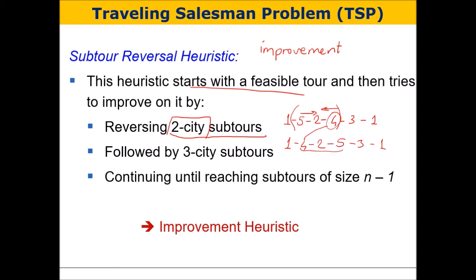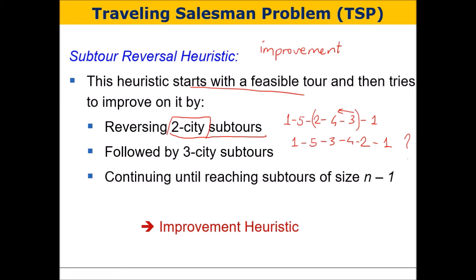And of course we can do this for different cities, and instead of using 5, 2, and 4, we could also change the order of these cities. So we may obtain 1, 5, then we will follow in this order, 3, 4, and 2 in the reverse order, and then 1. And again, we don't know, of course, if this is a better one or not.